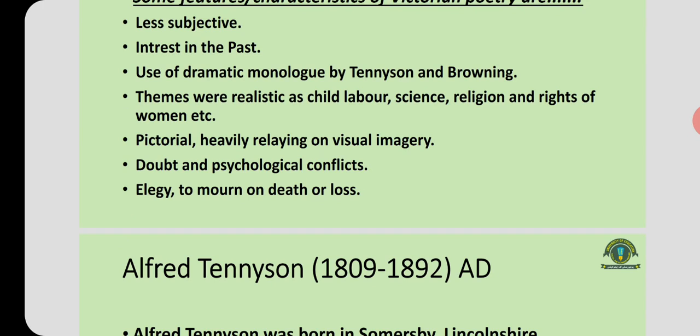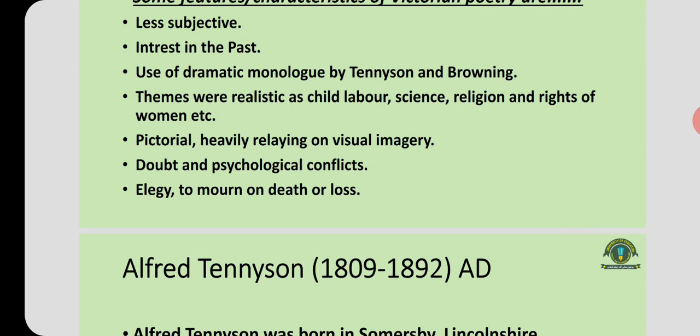Doubt and psychological conflicts are always a major theme, because there is always a contrast and comparison between bad beliefs and good beliefs, faith and doubt. And side by side, it touches on the psychological conflicts of individuals, of parties, and of the societies of that time.